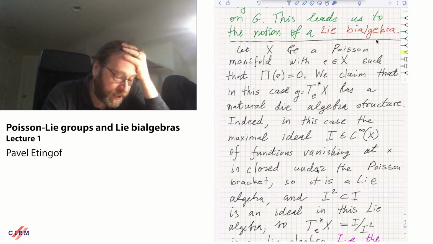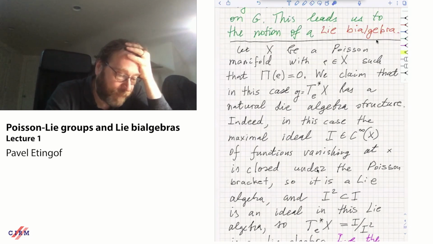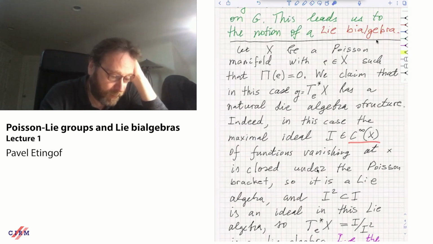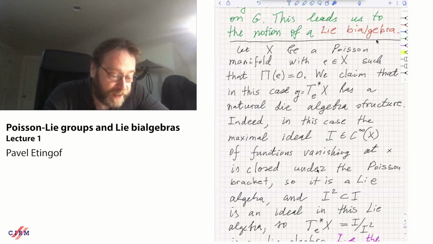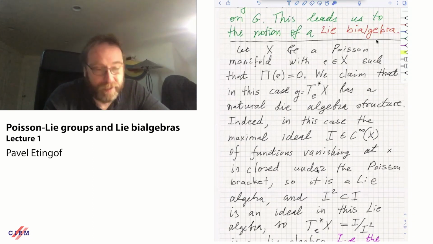So it again lies in this ideal I. This means that I is a Lie subalgebra of smooth functions. Moreover, if you take the square of this ideal, then it's actually a Lie ideal in this Lie algebra, because the Poisson bracket is a derivation in each argument. So if one of the arguments is in I squared, you apply the Leibniz rule to see that the result will also be in I squared.